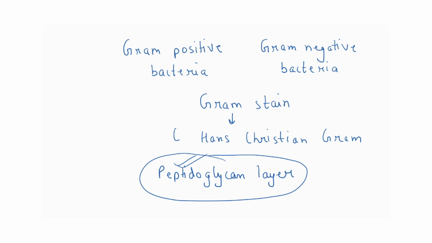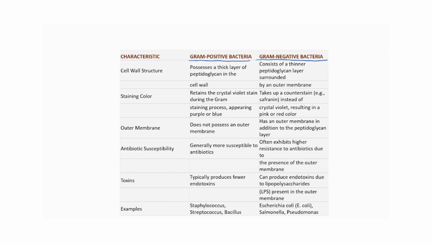Also, they have teichoic acid that contributes to the rigidity and overall cell wall structure. While gram-negative bacteria have a thin peptidoglycan layer in comparison to the gram-positive bacteria, so instead of crystal violet, they take up the counter stain, which is safranin. Now look at the differences.